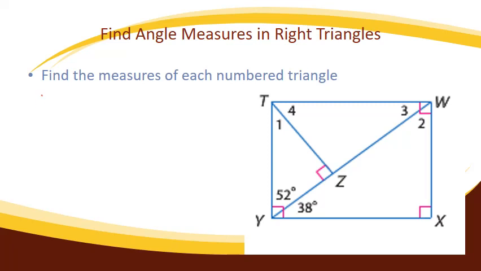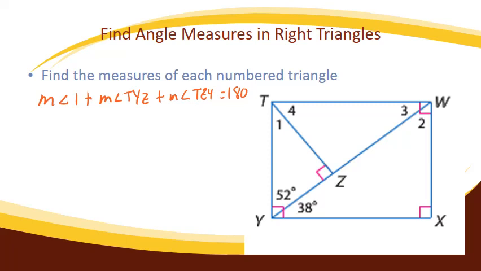Let's see, the measure of angle 1 plus the measure of angle TYZ plus the measure of angle TZY has got to equal 180.